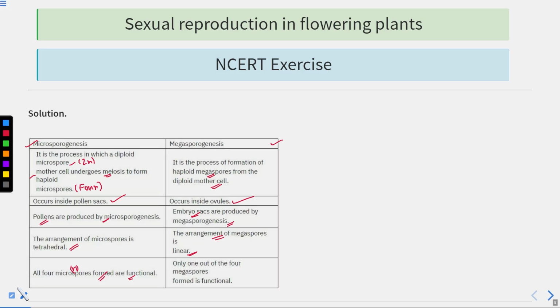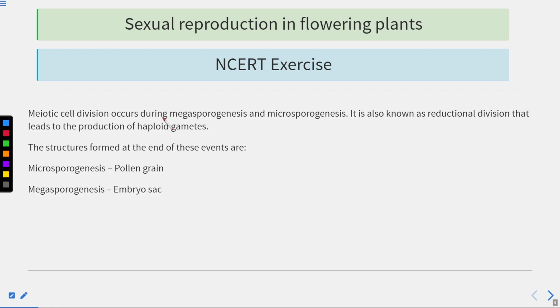Now let's move on. Meiotic cell divisions are happening here. Meiosis is known as the reductional division. In both the megaspore mother cell as well as the microspore mother cells, these cells are diploid. So meiosis takes place in the diploid cells.